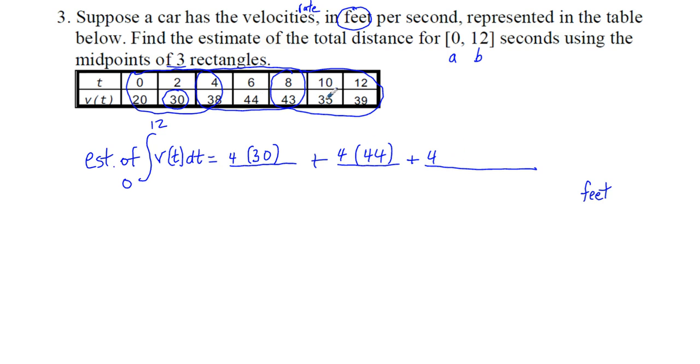And then finally, for the last blank, we're going to fill in the mid value here, which is 35. And what is this going to give us? It's going to give us the number of feet. And we could say feet traveled during 12 seconds, okay? In 12 seconds.